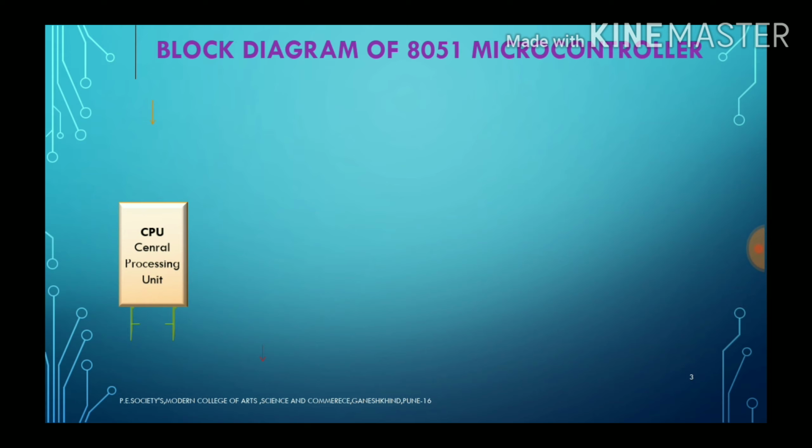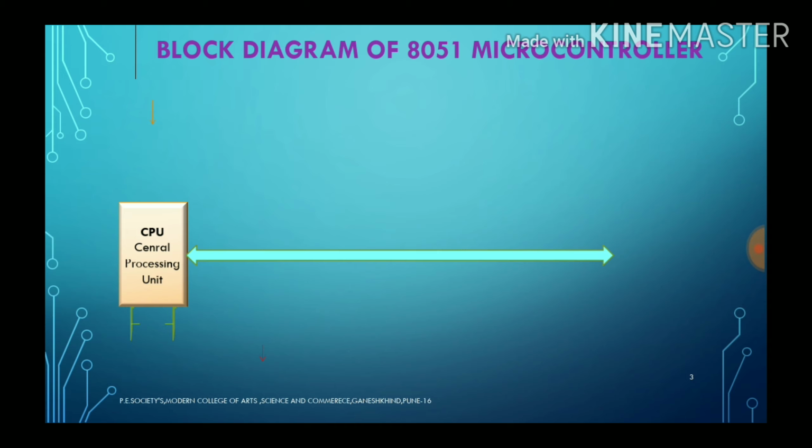So the first block that we have inside the 8051 microcontroller is the central processing unit. It needs to communicate with the other units present inside the system, and for that a bus is connected from the CPU and to the CPU to communicate the data.